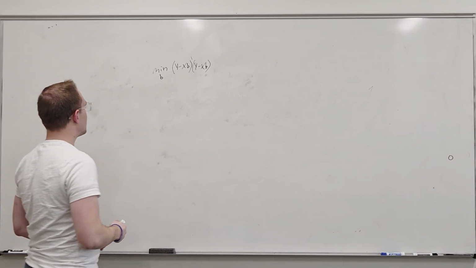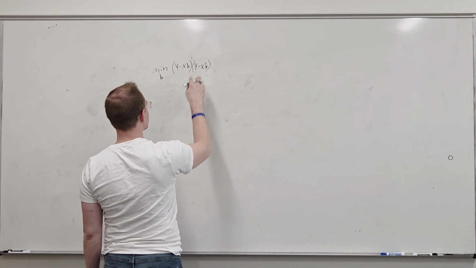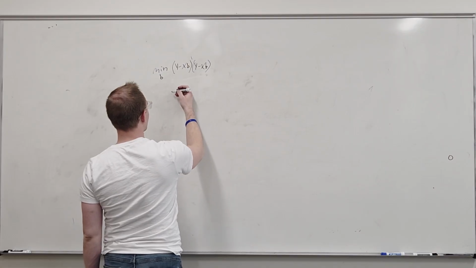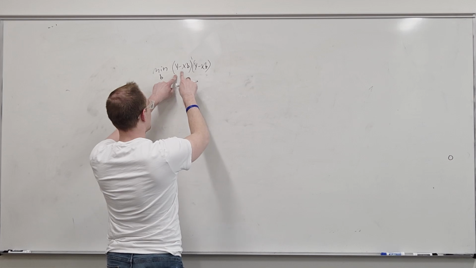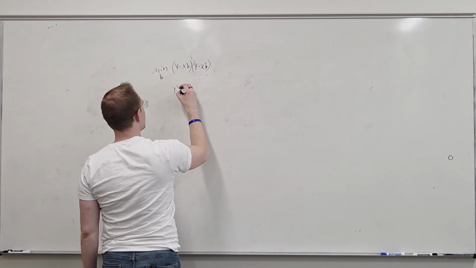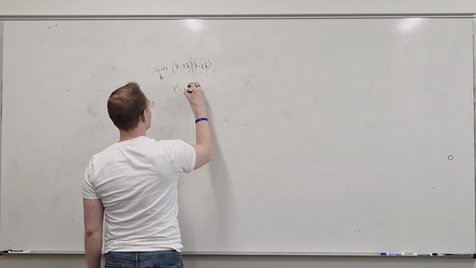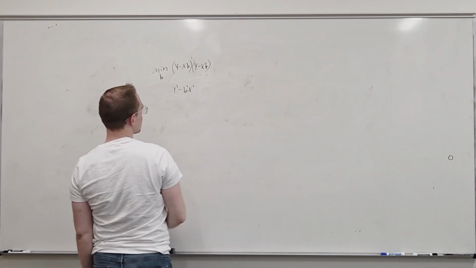Okay, before we take our derivatives and go crazy with that, let's just try to simplify this. Or not even multiply, just transpose it. So y minus xb, the quantity transposed, is just going to be y transpose minus xb transpose, and xb transpose is going to be b transpose x transpose.